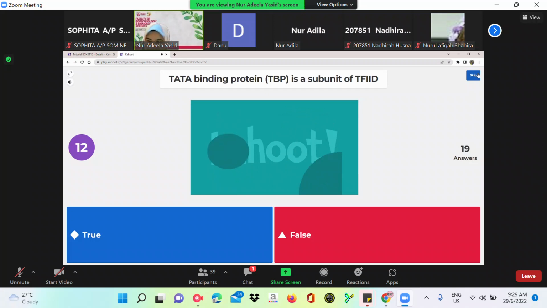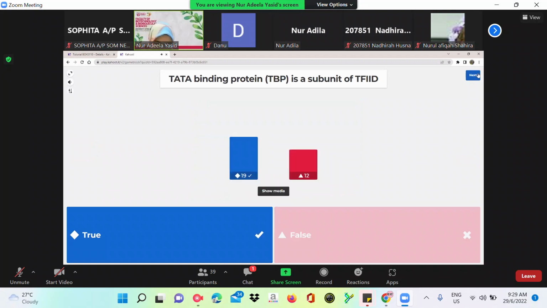True or false? This one is for eukaryote transcription. The answer is true. TATA binding protein, TBP, is a subunit of transcription factor 2D. This is the first step in the initiation of transcription, the formation of the pre-initiation complex in the eukaryotic system.